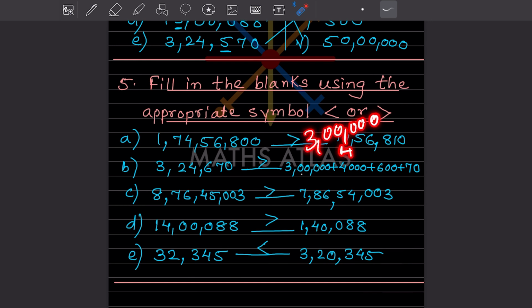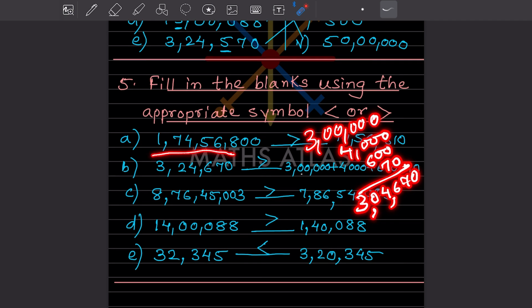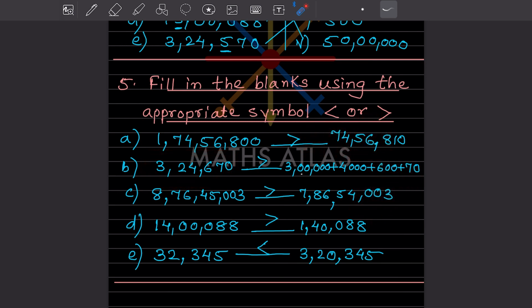This is 4000, and here is 600, and here is 70. So what is this going to be? 34,670. Okay, so this is a smaller number, right? So we are going to put the commas after 3 and this one. So it is going to be 3,04,670, and this is 3,24,670. So definitely this number is bigger.